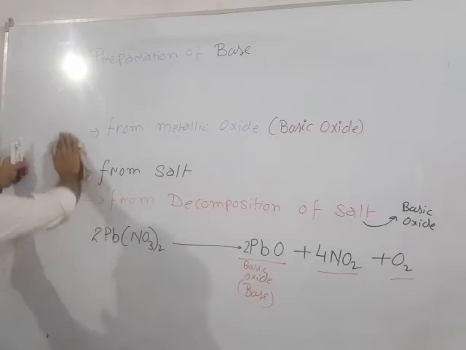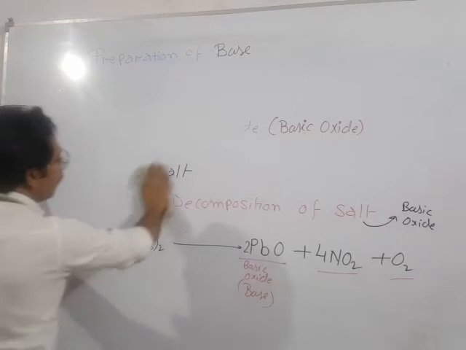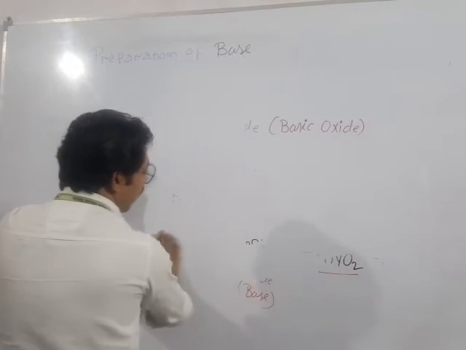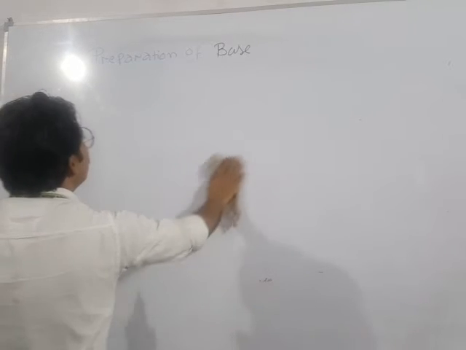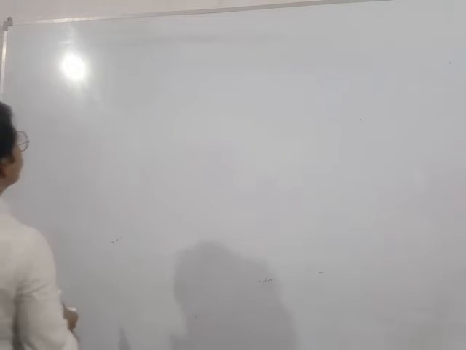Now we are going to discuss the properties of acid and bases, the physical properties of acid and bases, and after that we discuss the chemical properties of acid and bases. So look here.